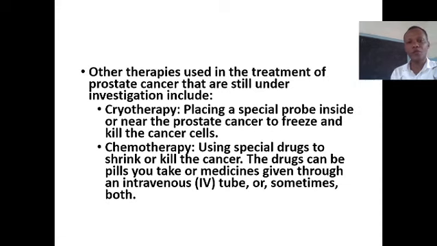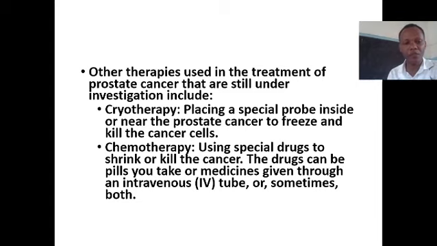Other therapies used in the treatment of prostate cancer that are still under investigation, moja ni cryotherapy. Hii ni placing a special probe inside or near the prostate cancer kwa ajili ya freeze and kill the cancer cells. Chemotherapy, using special drugs to shrink or to kill the cancer.